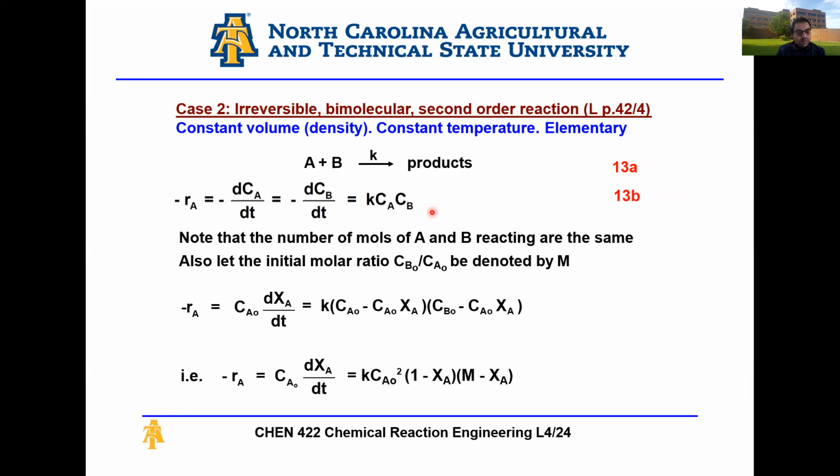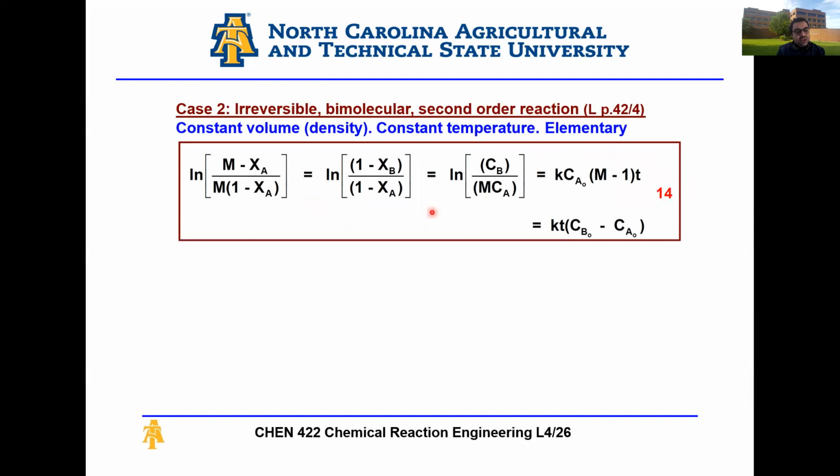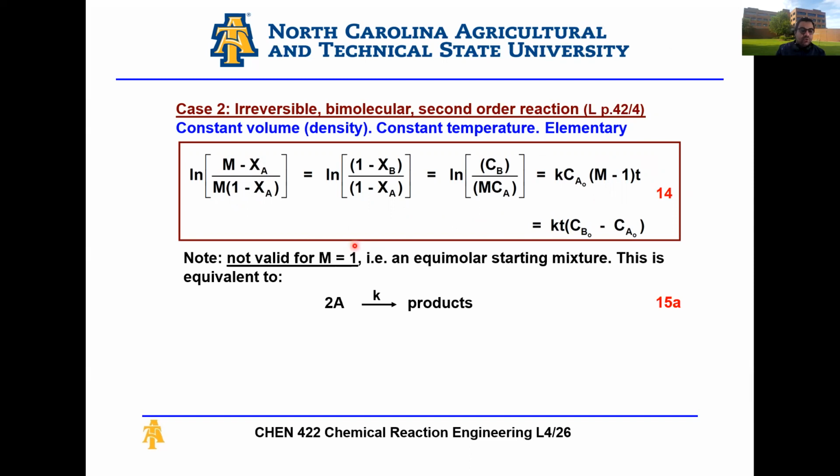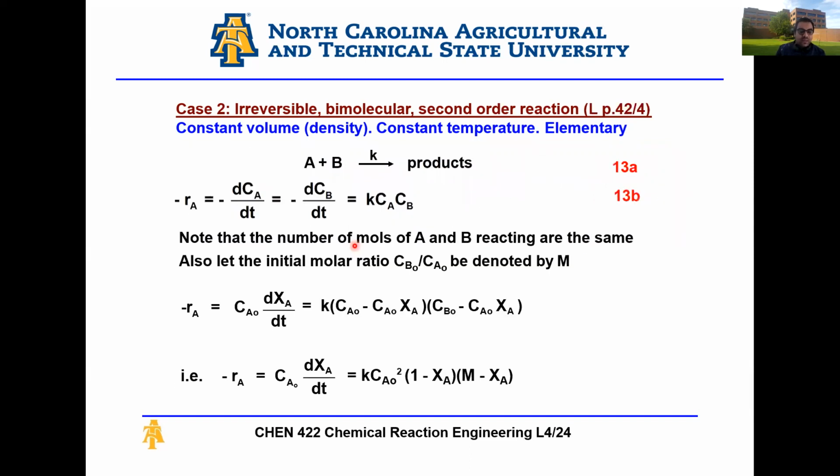And again, we talked about this, and you go through the different derivations, and I have my final expression where I have ln of (M minus XA) over M(1 minus XA) is equal to k CA naught (M minus 1) t, and this is equal to this expression here. And again, M, we said, is the ratio of your two reactants, and it was introduced to make the math easier, right?